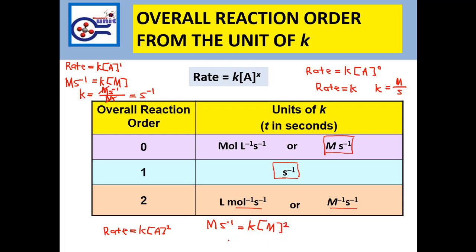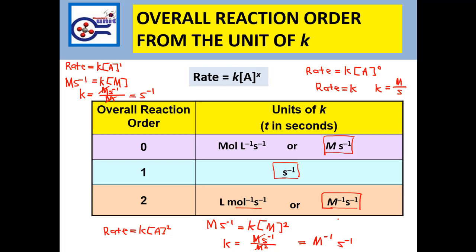So when you want to solve this, molar square you bawa ke bawah macam ni. Ni dah habis, ni tinggal satu, you bawa ke atas, dia akan jadi negative 1. Molar per second, sorry, per molar per second. So this is the unit for rate constant untuk second order reaction.